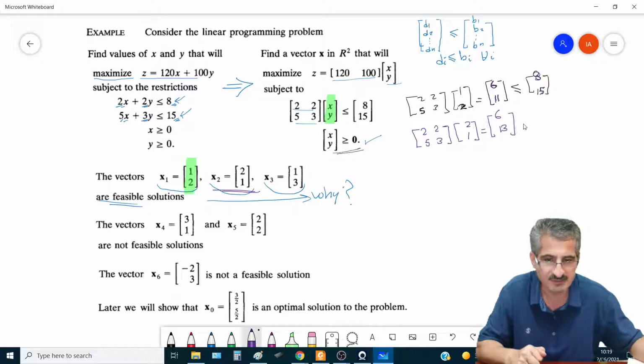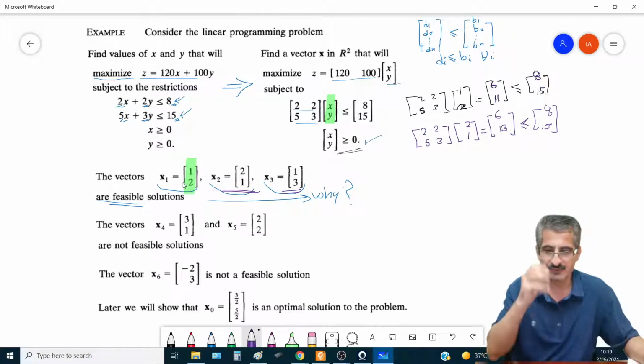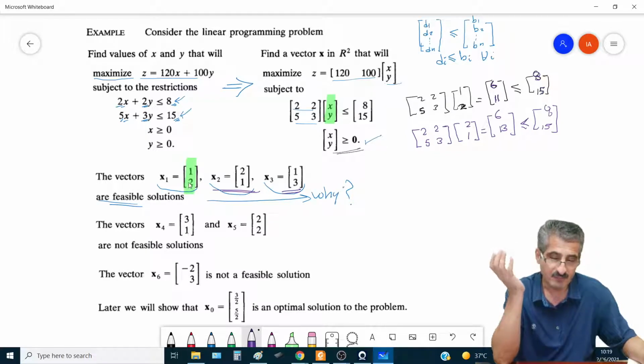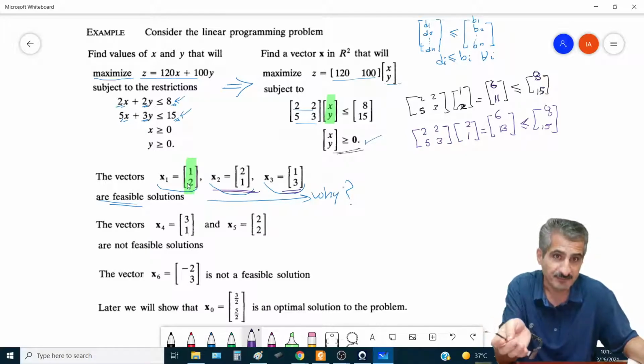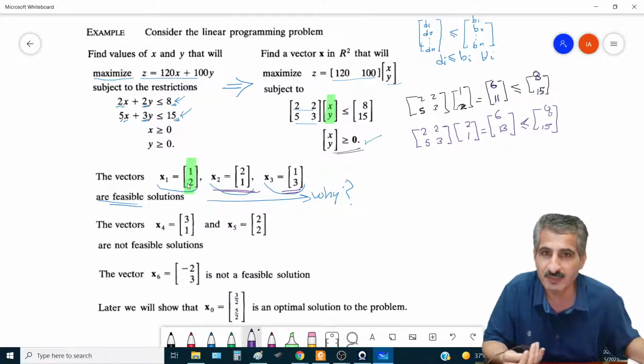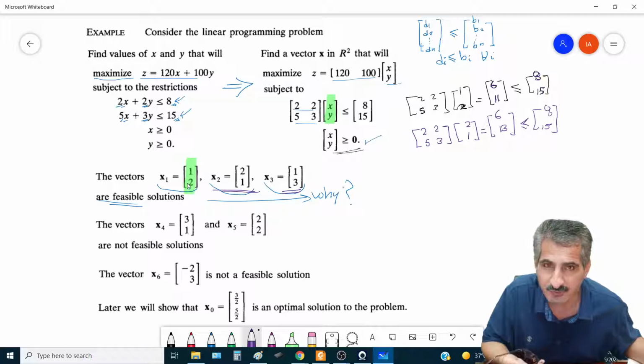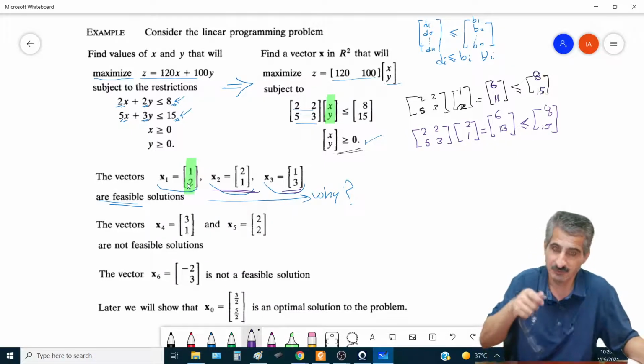And this is indeed less than or equal to 8 and 15. And easily you can check it for x3. So they are feasible solutions. Why? Because they satisfy the constraints. Is any one of them an optimal solution? We don't know. We don't know.